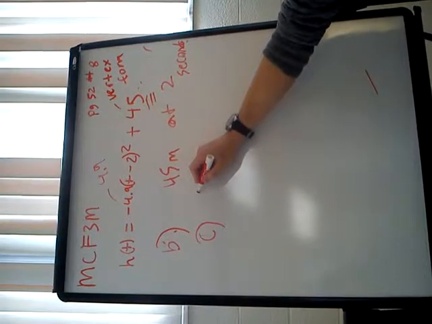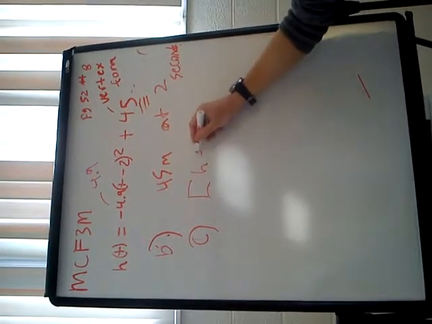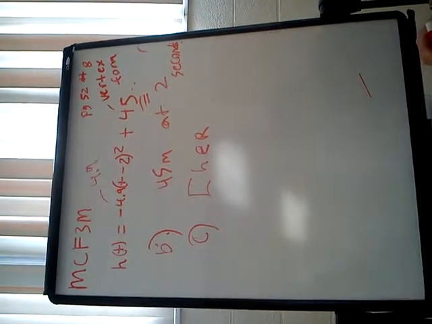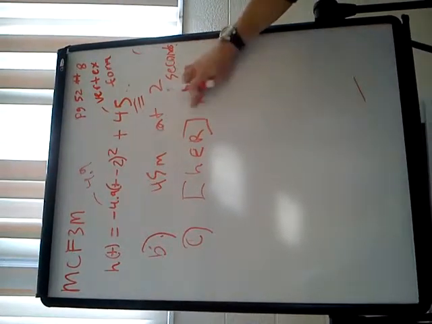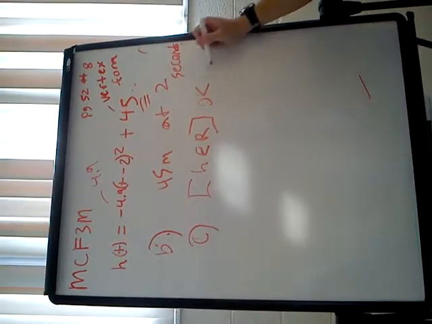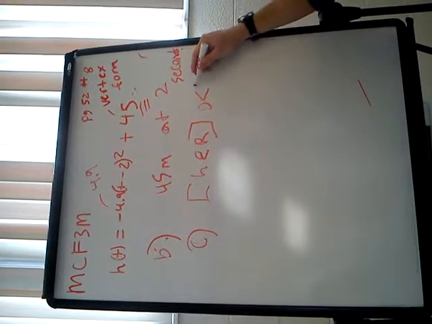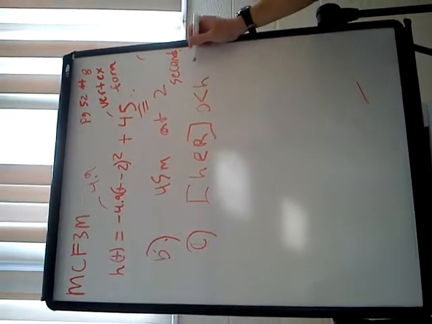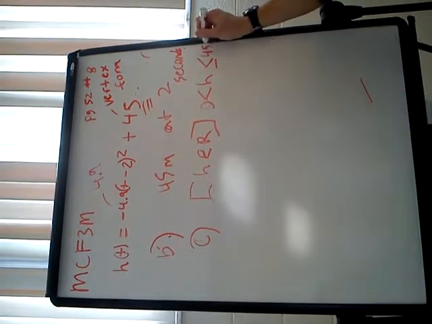So the range is going to be represented as h is an element of the real numbers, h is greater than or equal to 0, and h is less than or equal to 45.